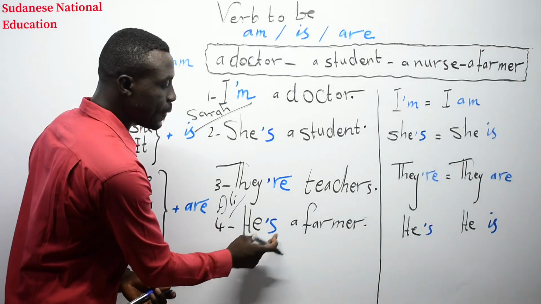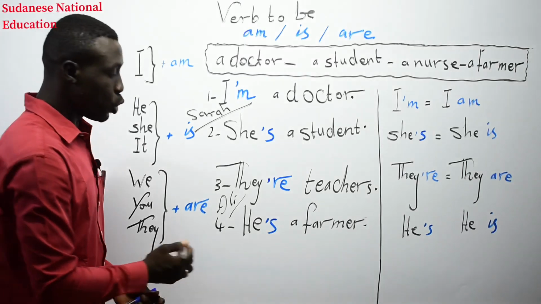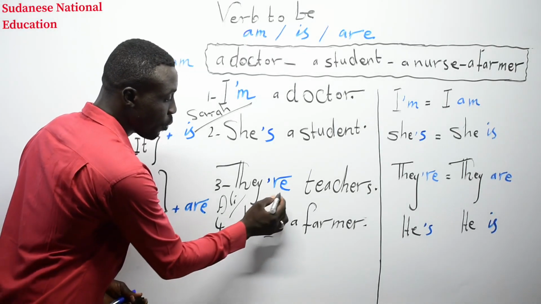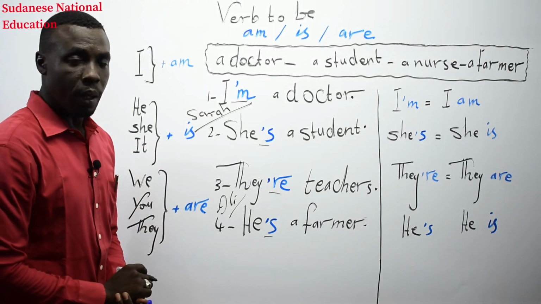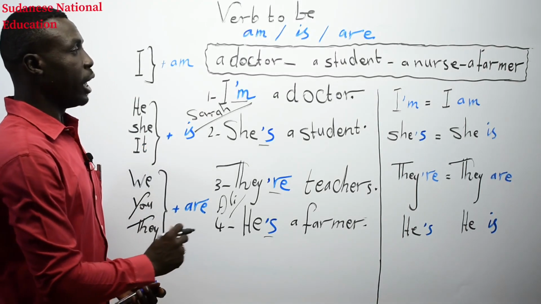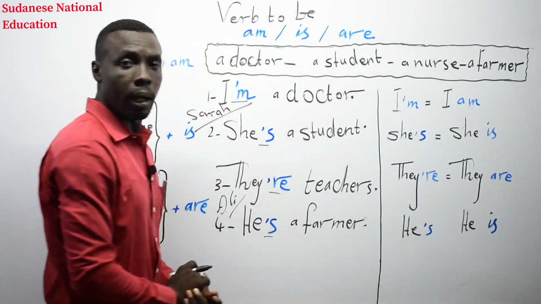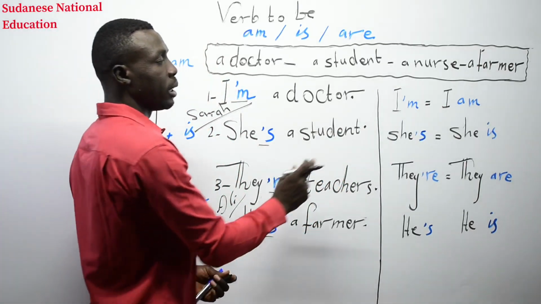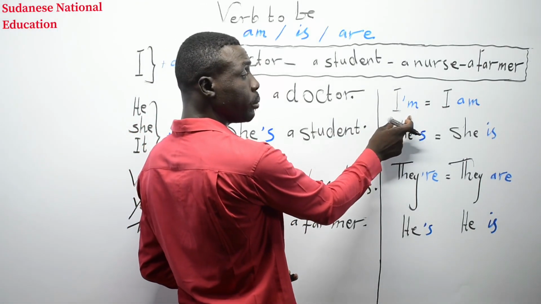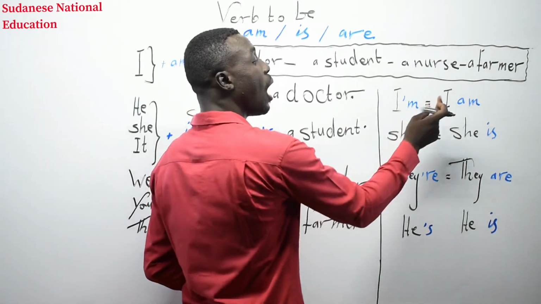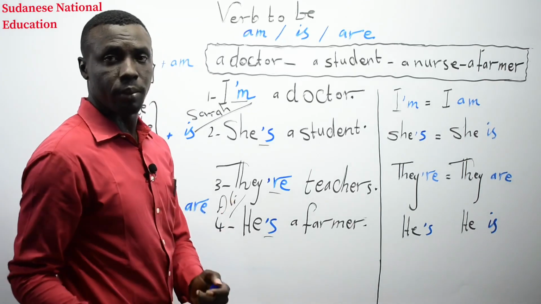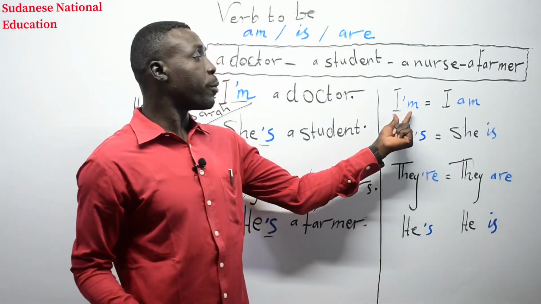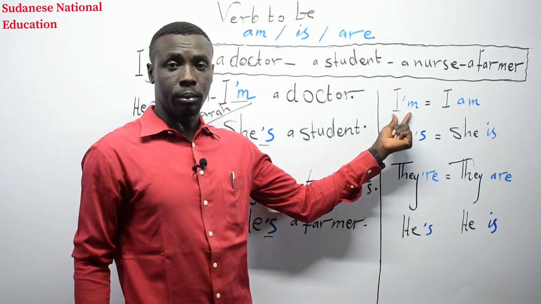So in he's a farmer, we shorten, or contract, them. But here we can see the full form. I'm, that means I am. Here we pronounce it I am.